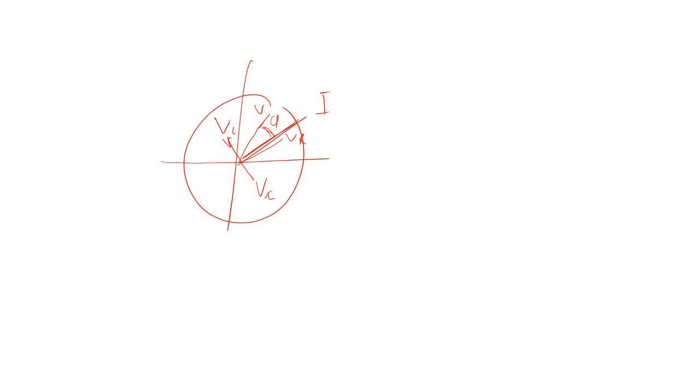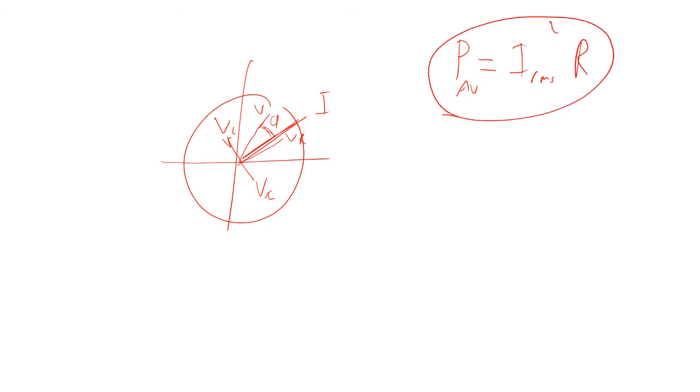So once again, we would say that the average power dissipated is going to be equal to I RMS squared times R. Well, if you remember, before we had said that the current times the voltage is the power supplied. Well, that's not necessarily the case here, because the only part that matters is the part that is in the same direction.